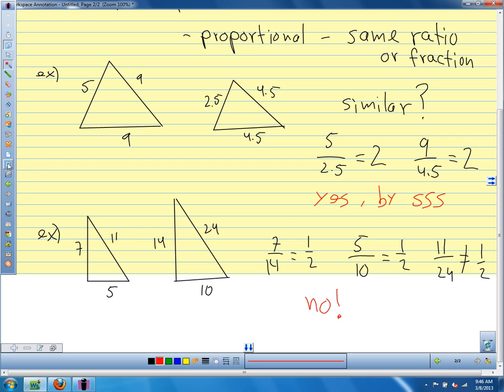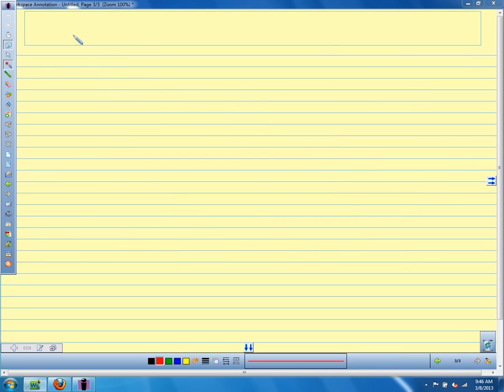All right, our last one. We just have 3 for similar triangles. Side angle side.